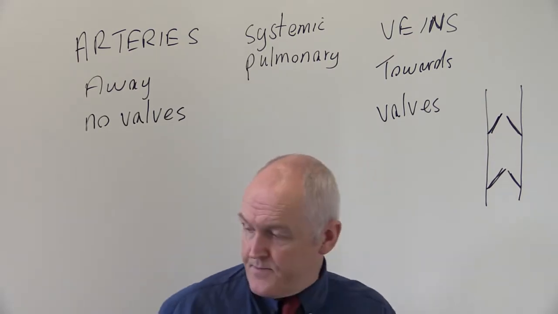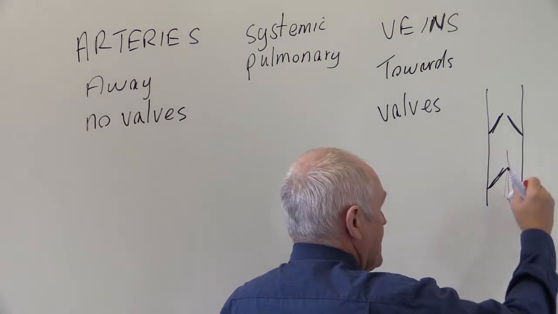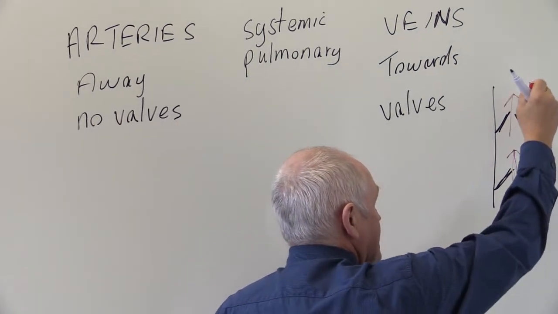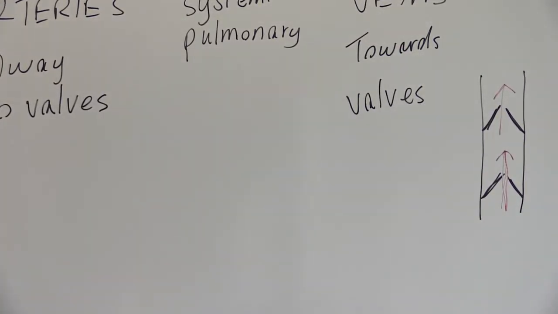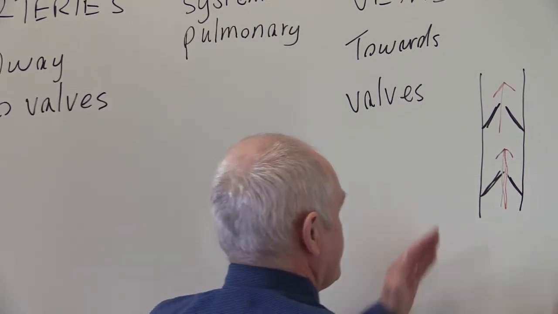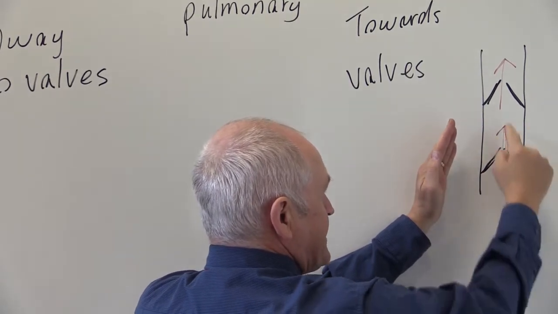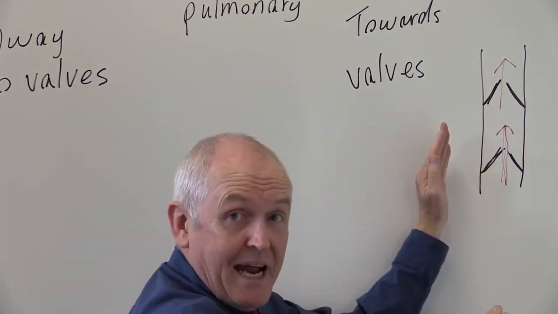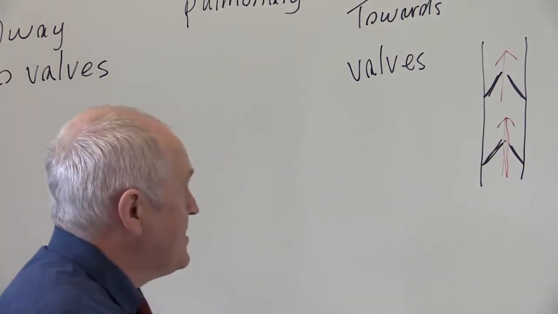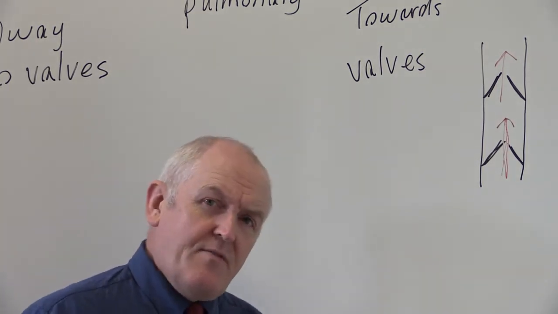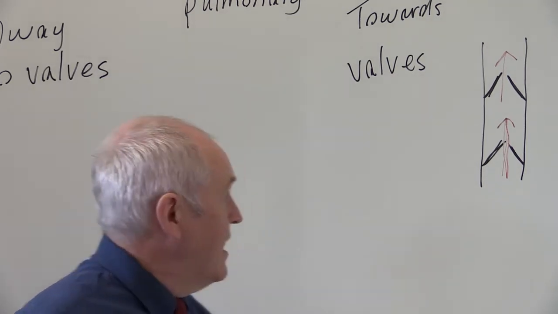So what this means is that once the blood has gone from a lower part of the vein up into the next part of the vein, then it shouldn't be able to regurgitate backwards because these valves will shut. So the valve will open in this direction, allowing the blood to go from there to there. But then if the blood tries to go back towards the periphery, the valve will simply shut. And these valves are particularly plentiful in the veins in the legs and the veins in the arms.